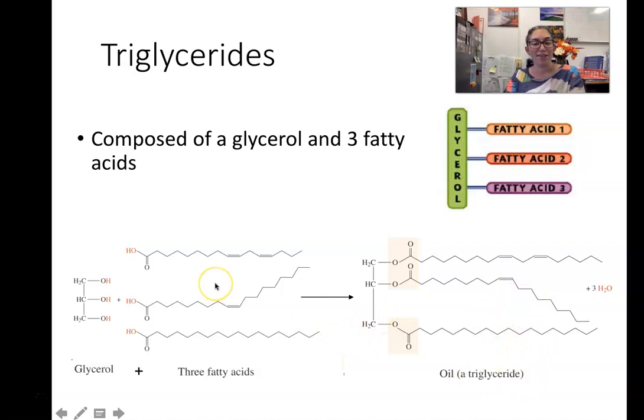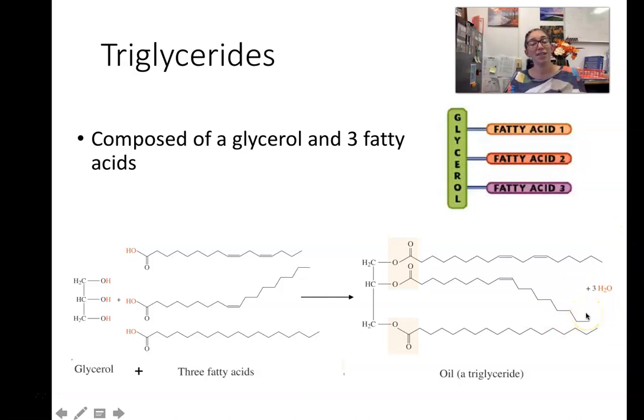This process of taking a glycerol and 3 fatty acids and sticking them together is taking 4 different things and putting them together. And in the process, we lose hydrogens and oxygens that form water. Just like we saw with carbohydrates, when monosaccharides form disaccharides, it's a condensation reaction. This too is a condensation reaction.